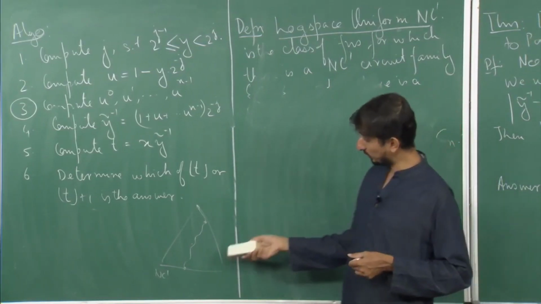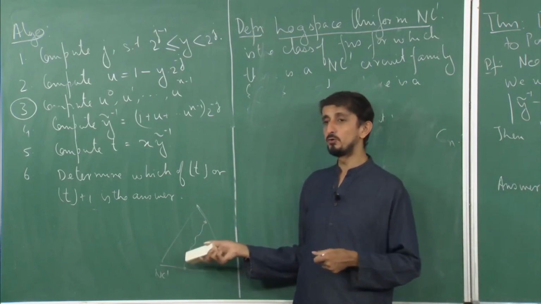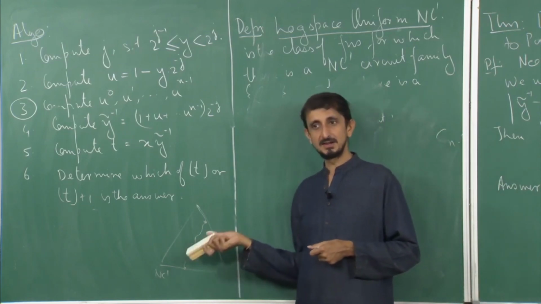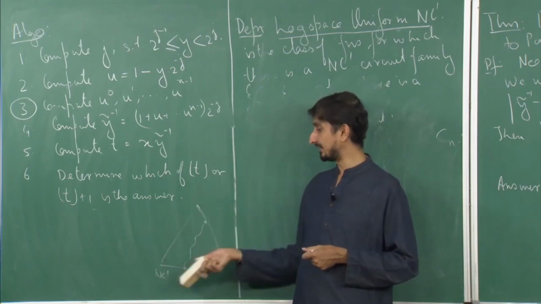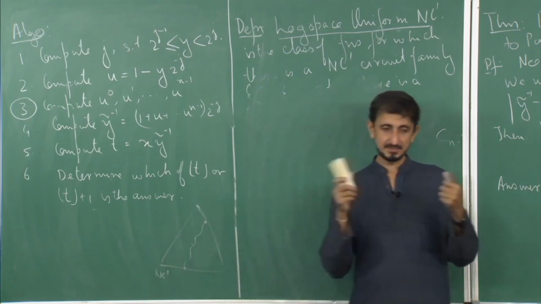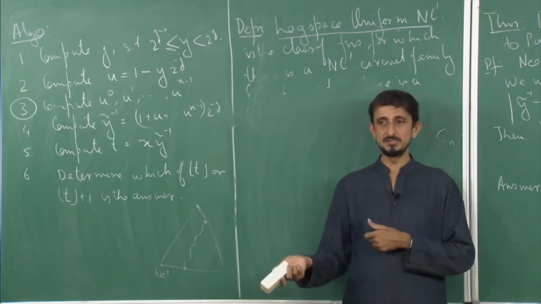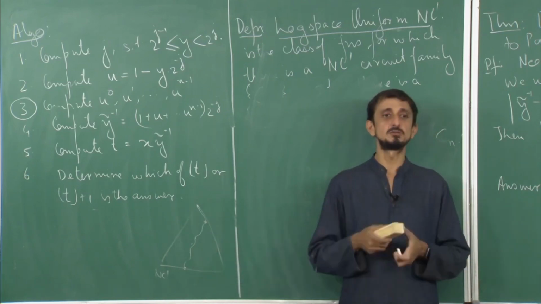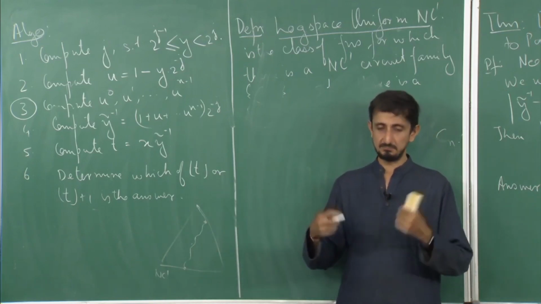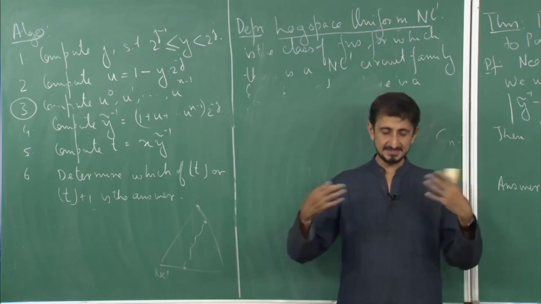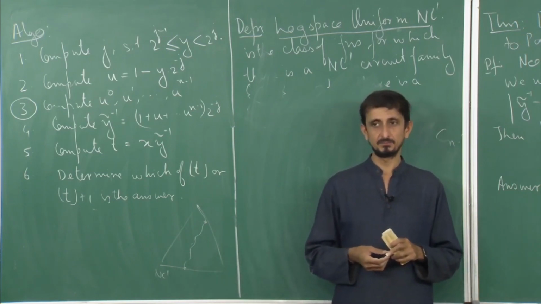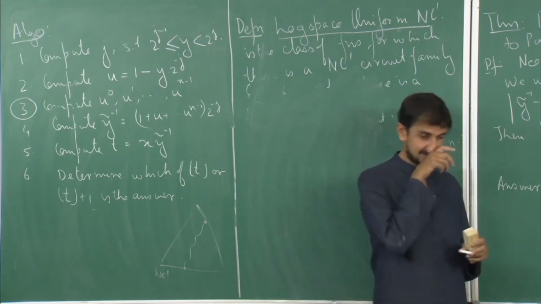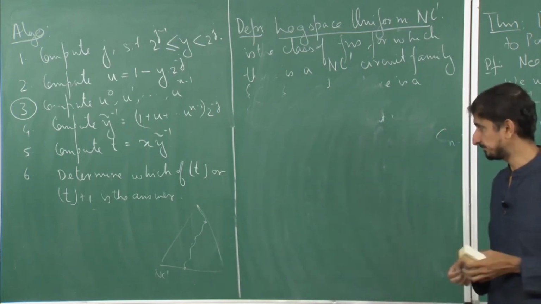In fact, this result was due to Cook, in one of his earlier papers, where he showed that if function f NC1 reduces to G and G is NC1, then f also is NC1. So the class NC1 is closed under NC1 reducibility.